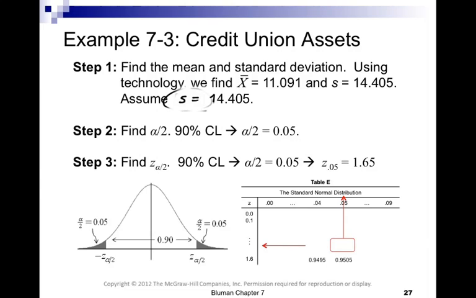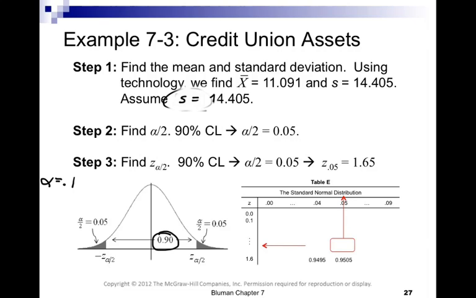Okay, so now we've got step 2. We know that for the 90% confidence interval, we've got 90% under the curve right here. We've got 0.1 as alpha.